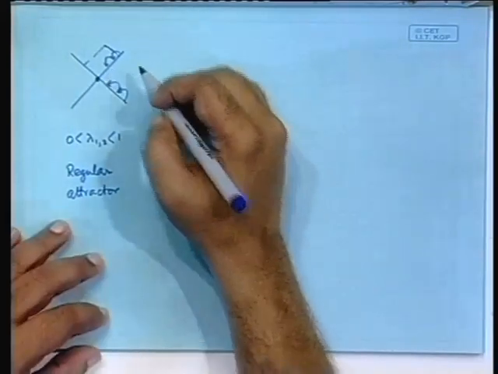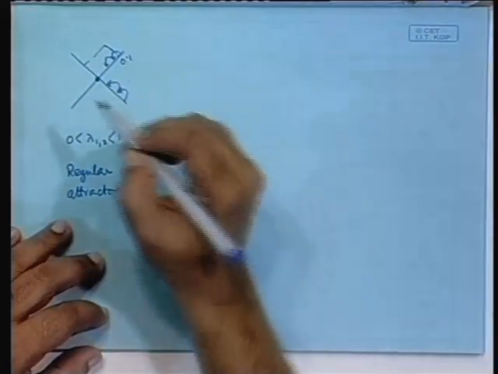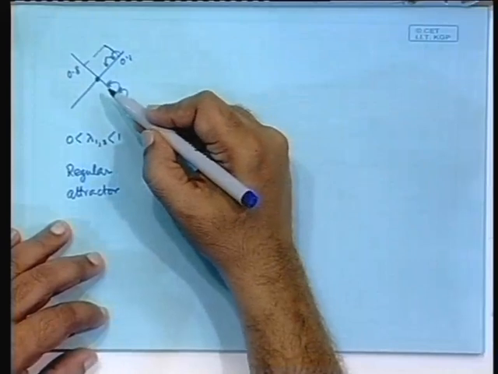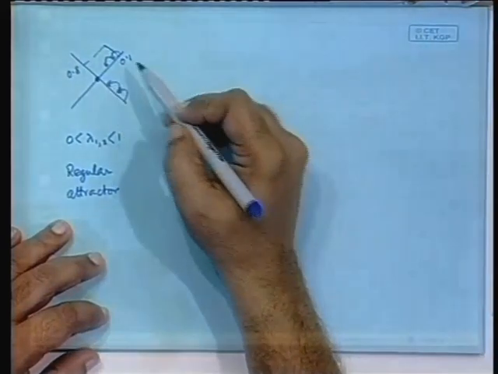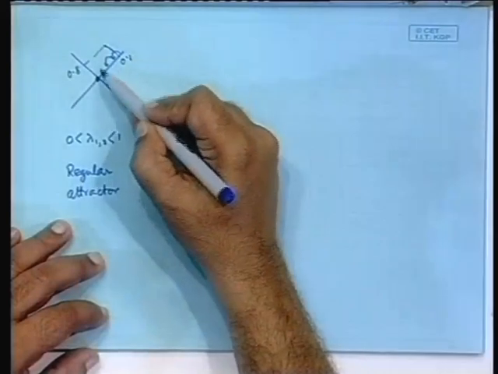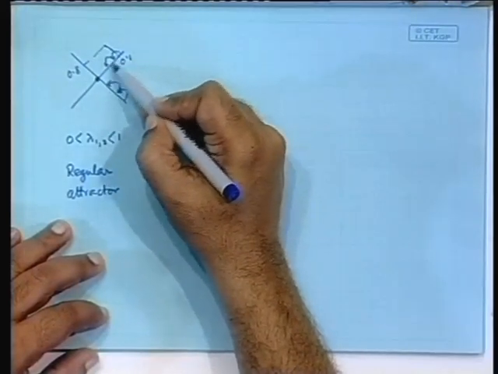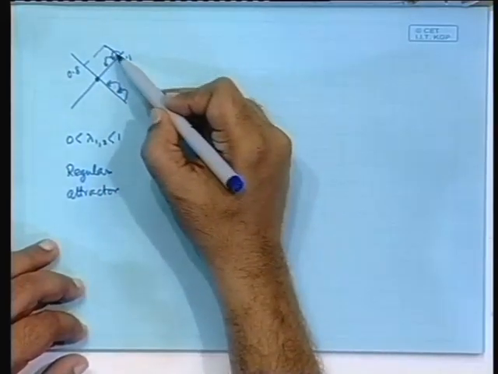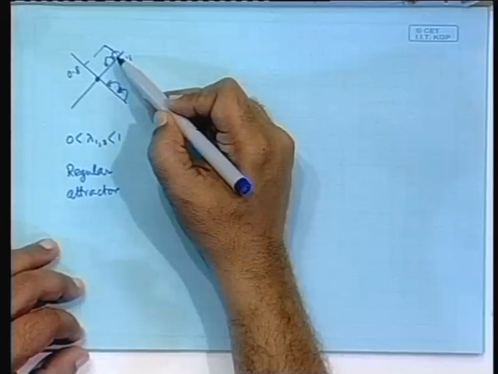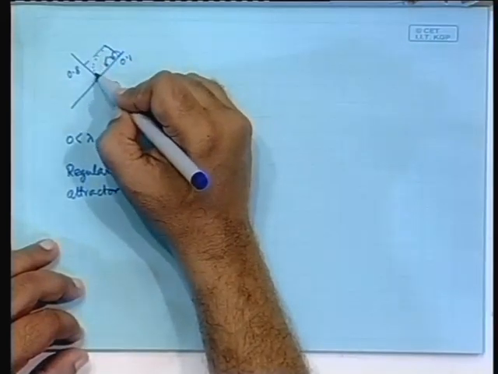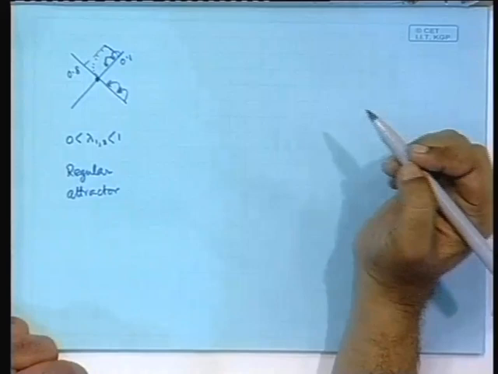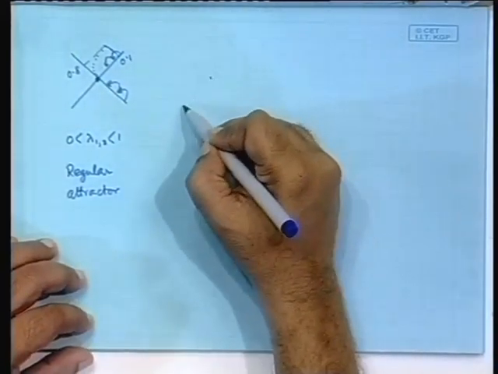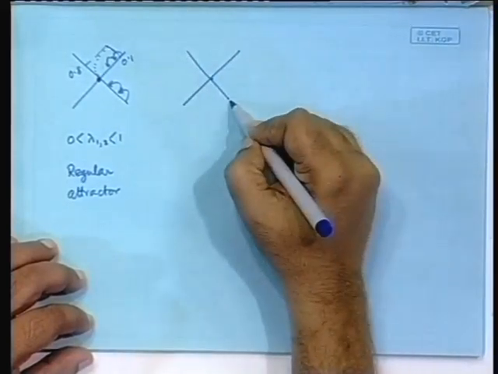So if say here the eigenvalue is 0.1 and here it is 0.8, how do you think it will proceed? This one will be multiplied by 0.1, therefore it will shrink fast, while this one will be multiplied by 0.8, it will shrink slow, as a result of which it will go like this.